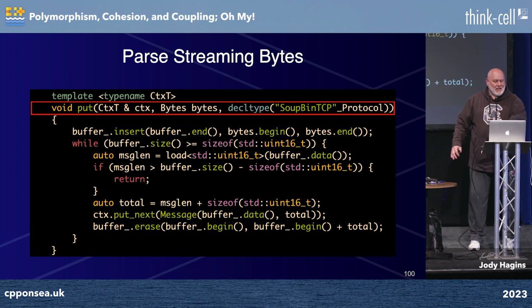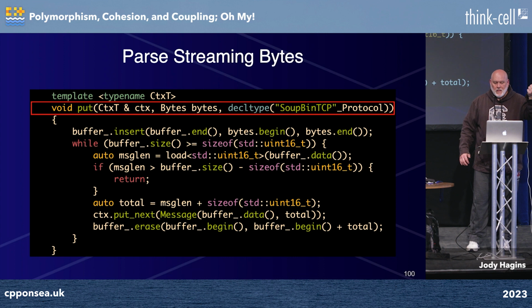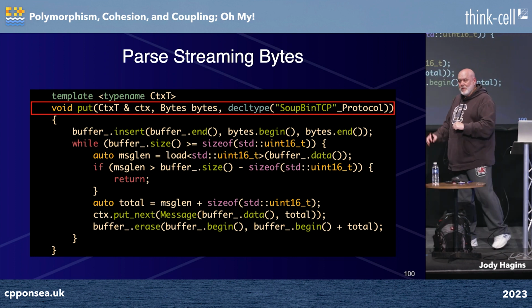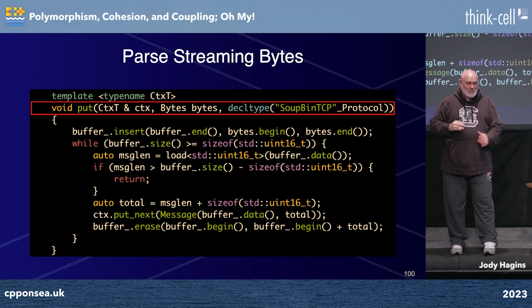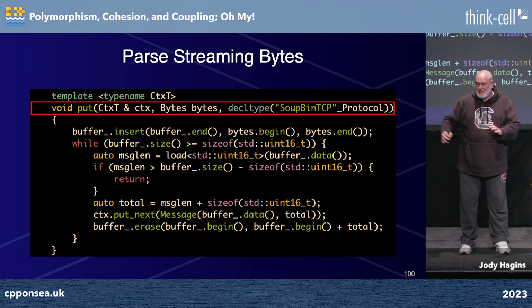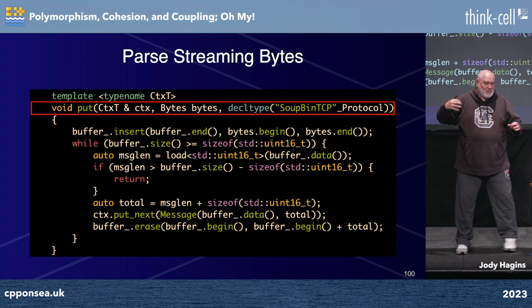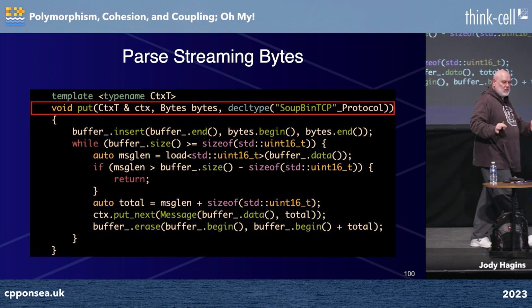This function will only get called if it has a parameter of bytes and it has a type or a value of this type, SoupBinTCP protocol. Remember the stream that we showed earlier, it's like passing the message through. That's the only time this will get called. It doesn't matter where it is in the stream. You can pass stuff through, and if it's not one of these, it won't even get called, and you pay no runtime cost because it gets filtered out at compile time.